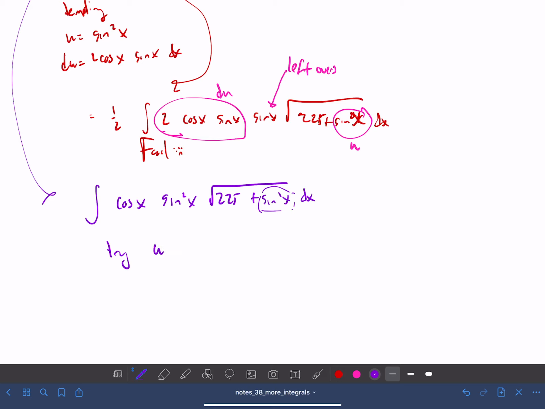What if I let u equal sine x without the square? So that right there is going to be u squared. That right there is going to be u squared. Then all I need is for that cosine x to be taken up, and it's going to be, oh, I love it when this works out. du is cosine x dx.